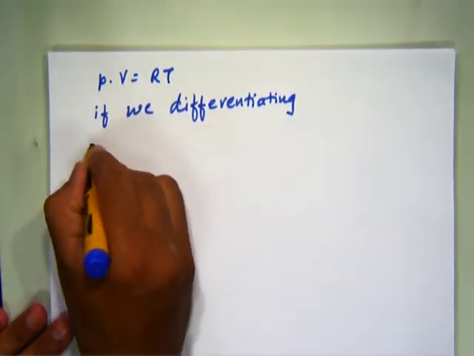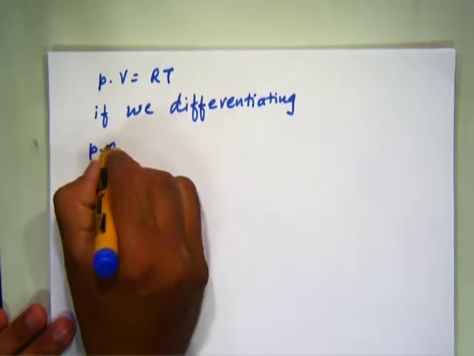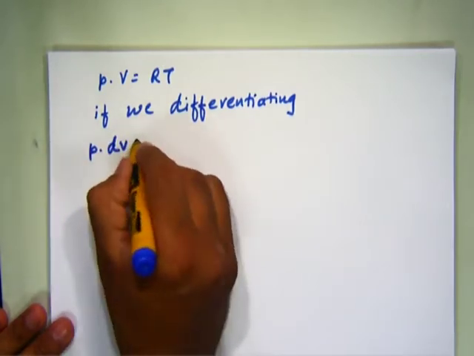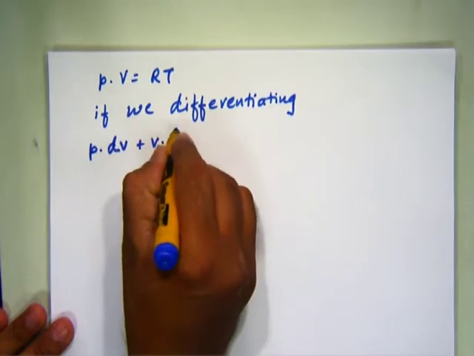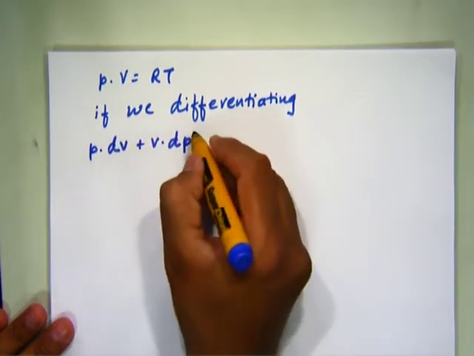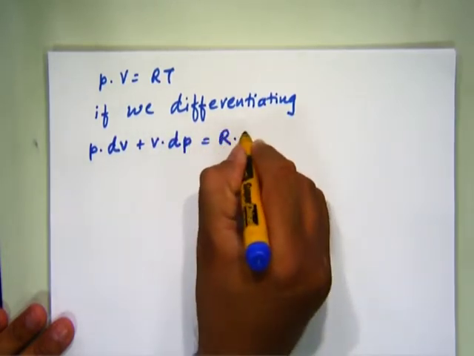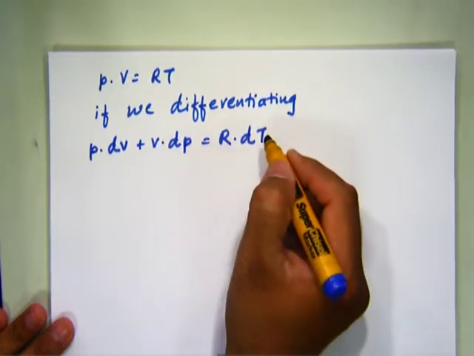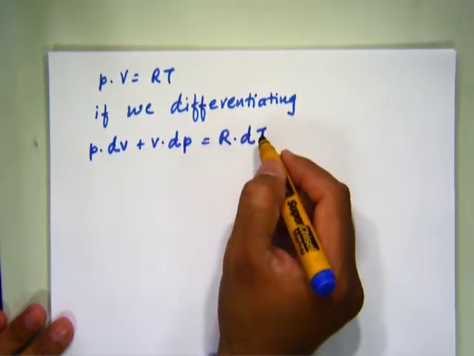We will get P into dV plus V into dP is equal to R into dT.